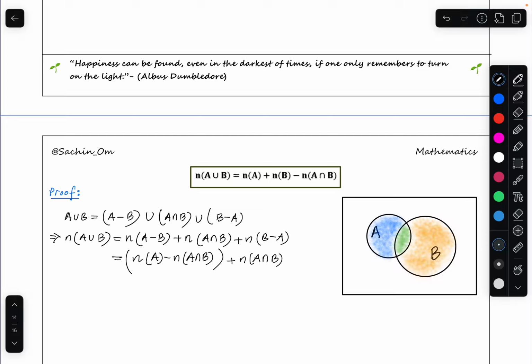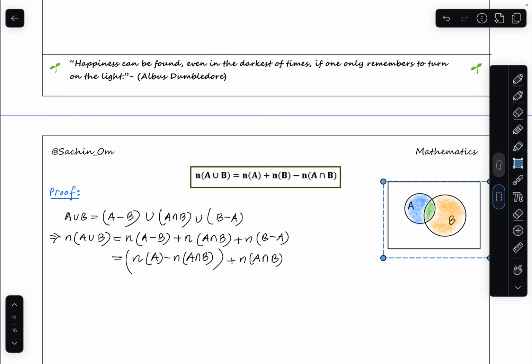The third thing that I have is n of B minus A, which can be written as the number of elements of B minus the number of elements in A intersection B. If you want to get the number of elements in B minus A, which is this one, just subtract this portion from the whole. That's what I'm writing here. From the whole of B, I'm subtracting this portion to get B minus A.